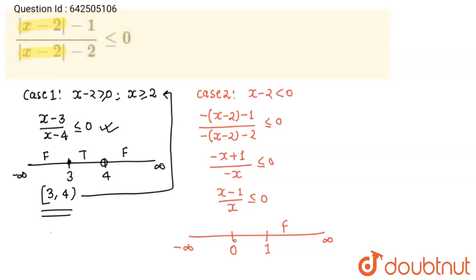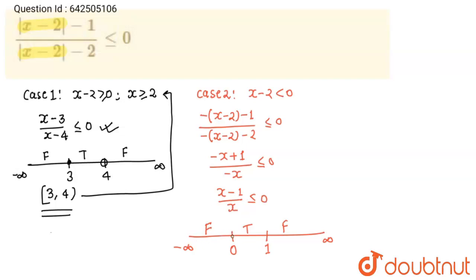In between 0 and 1, the numerator is negative and the denominator is positive, so negative upon positive is negative, and negative is less than equals to 0. This is true. Any number less than 0, the numerator will be negative and the denominator negative, and negative upon negative is positive. So in this region, this inequality is false.